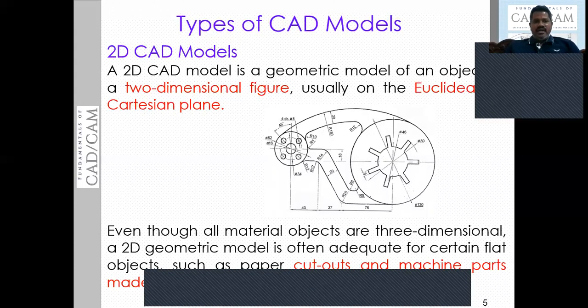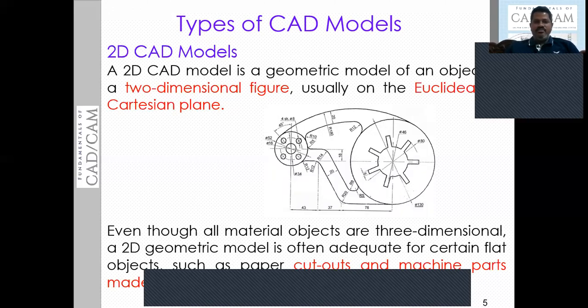The first one is a 2D CAD model. A 2D CAD model is a geometric model of an object which is created in a two-dimensional plane or a Cartesian plane. That means these CAD models are created in the two-dimensional plane only. The third dimension will not be given.